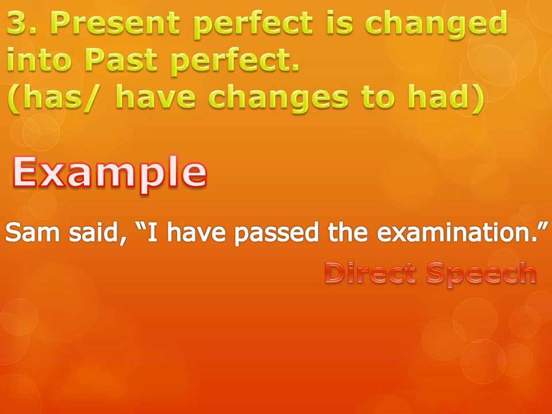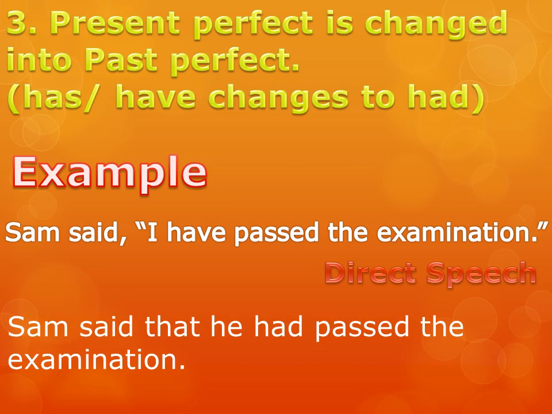When we change this sentence from direct speech to indirect speech, it becomes Sam said that he had passed the examination. Now here we can notice that have, that is the present perfect tense, has been changed to had, that is the past perfect tense form.